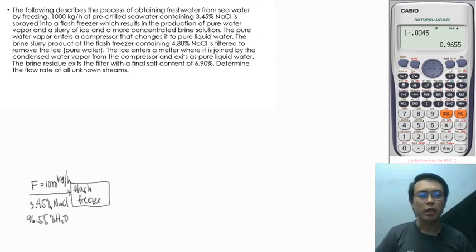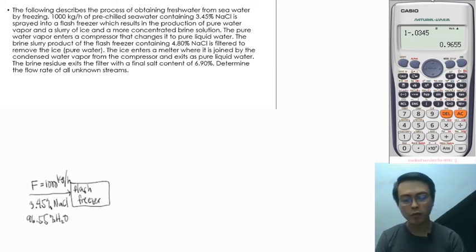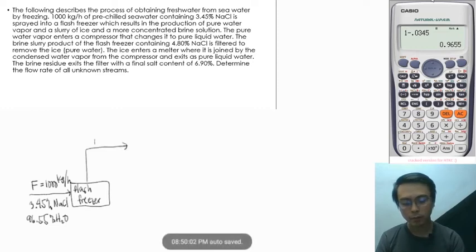And then the problem stated that after going through the flash freezer, you have two products. The first is pure water. The second is brine.